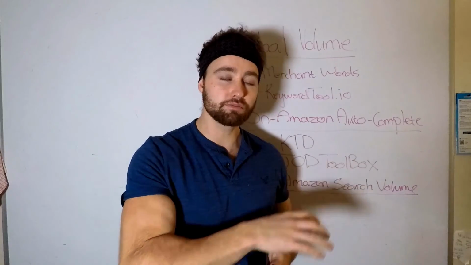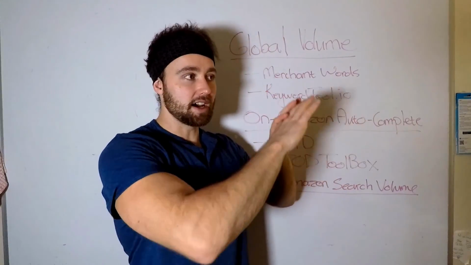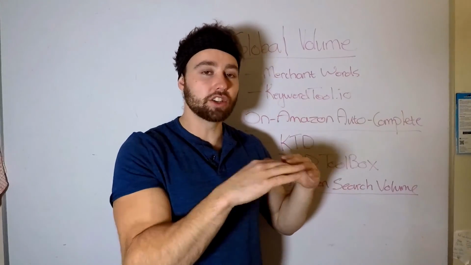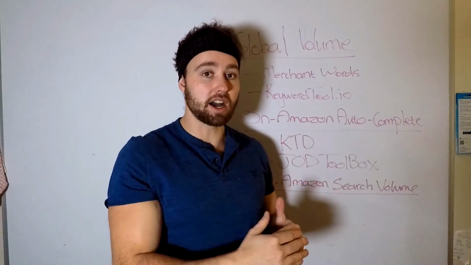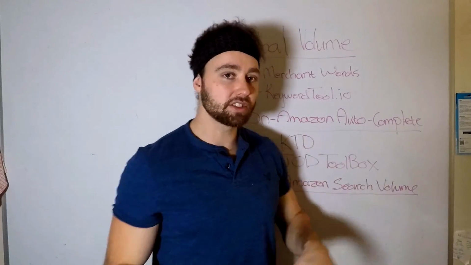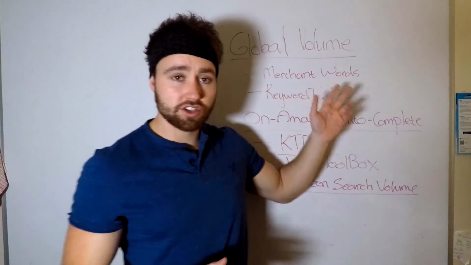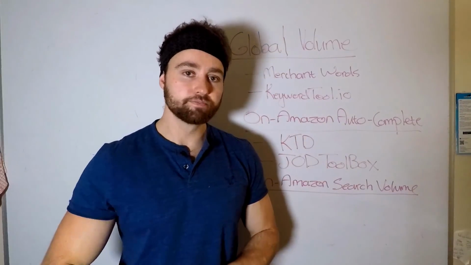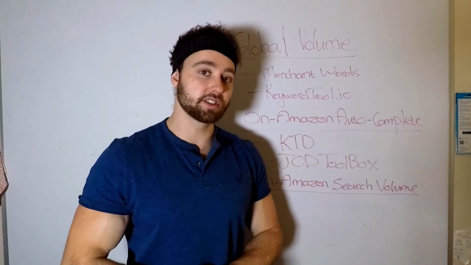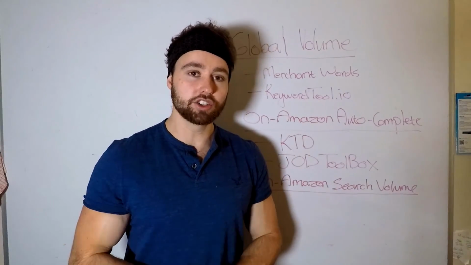The search volumes you see at global perspective, at broad volume, at that level, we're not only looking at searches to buy, and we're definitely not looking at on Amazon data. But these are the well-known tools of Merchant Words or KeywordTool.io, and every single one of the tools I mentioned today is linked to in the description below if you want to go check those out.